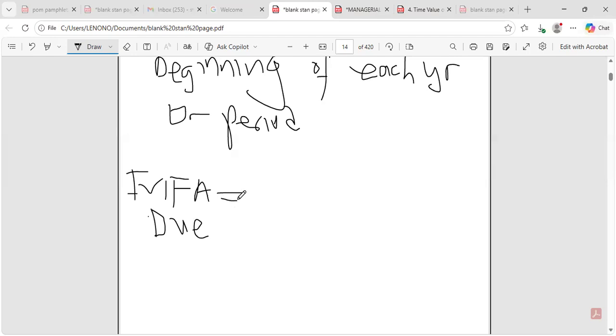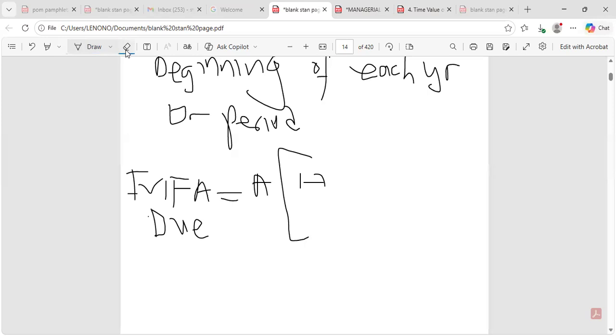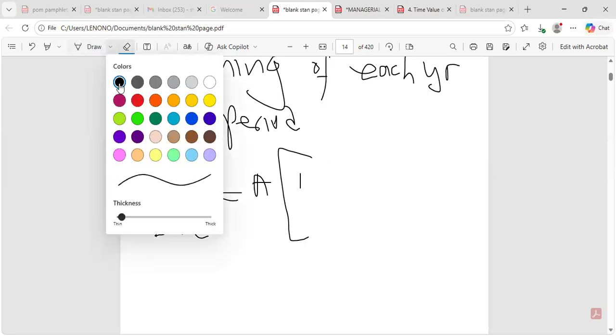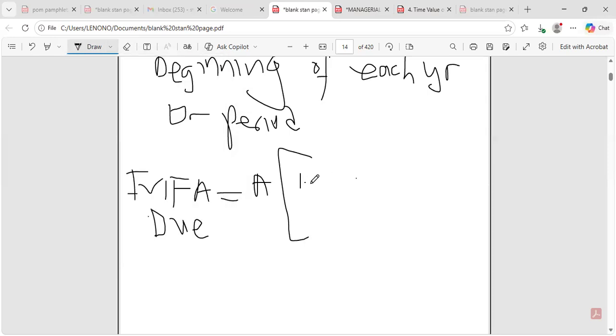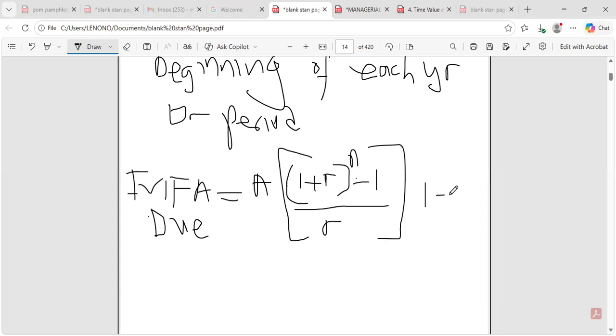It's equal to amount times 1 plus r to the power n minus 1 over r, then you multiply by 1 plus r.